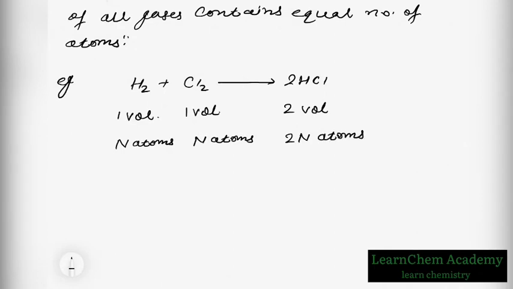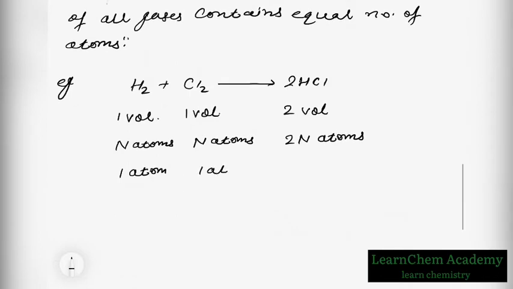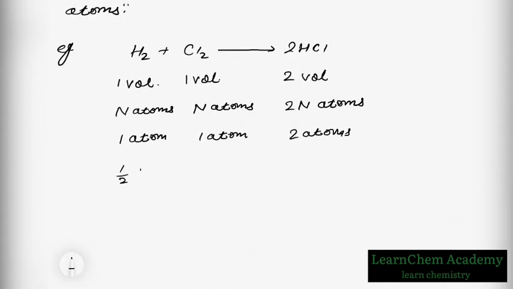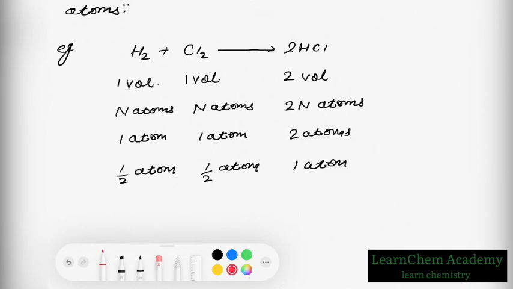Okay, we can simplify it. If one atom of hydrogen reacts with one atom of chlorine, it forms two atoms of HCl. So we can write, if we take half an atom of hydrogen which reacts with half an atom of chlorine and forms one atom of HCl, but this is against Dalton's atomic theory.